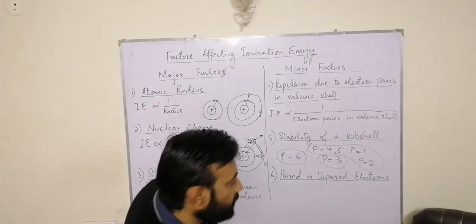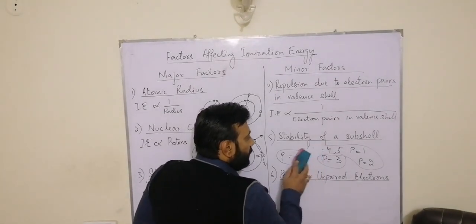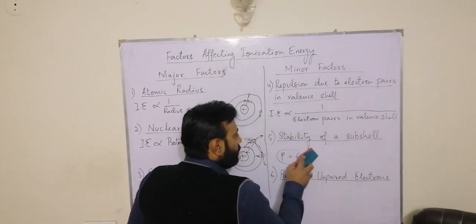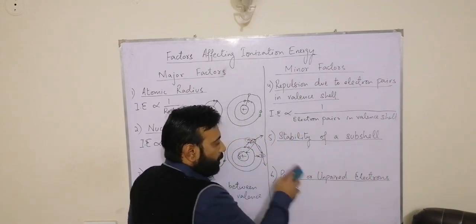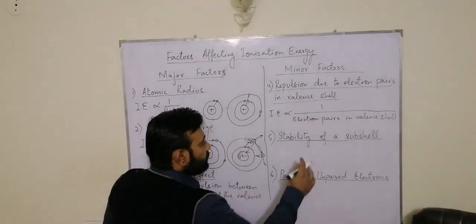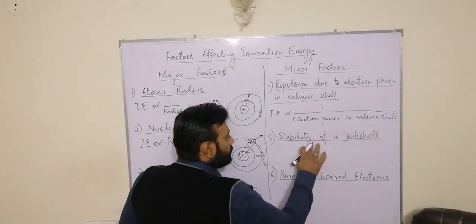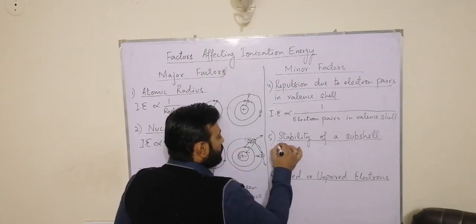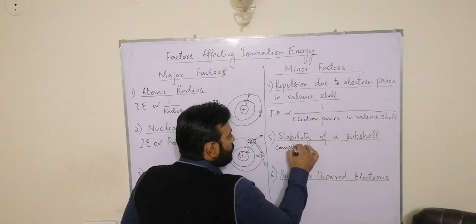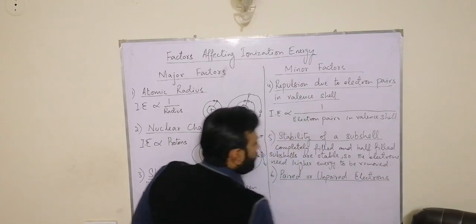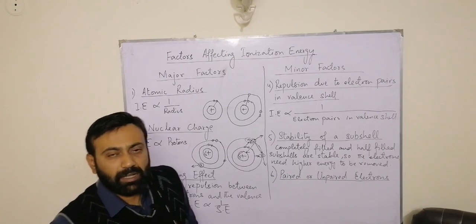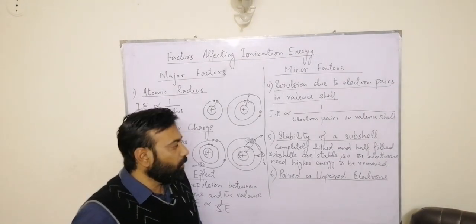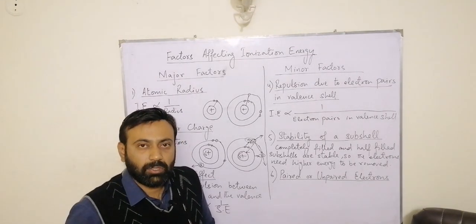You can note this down this way. Completely filled and half filled subshells are more stable, so the electrons need a higher energy to be removed from these subshells.